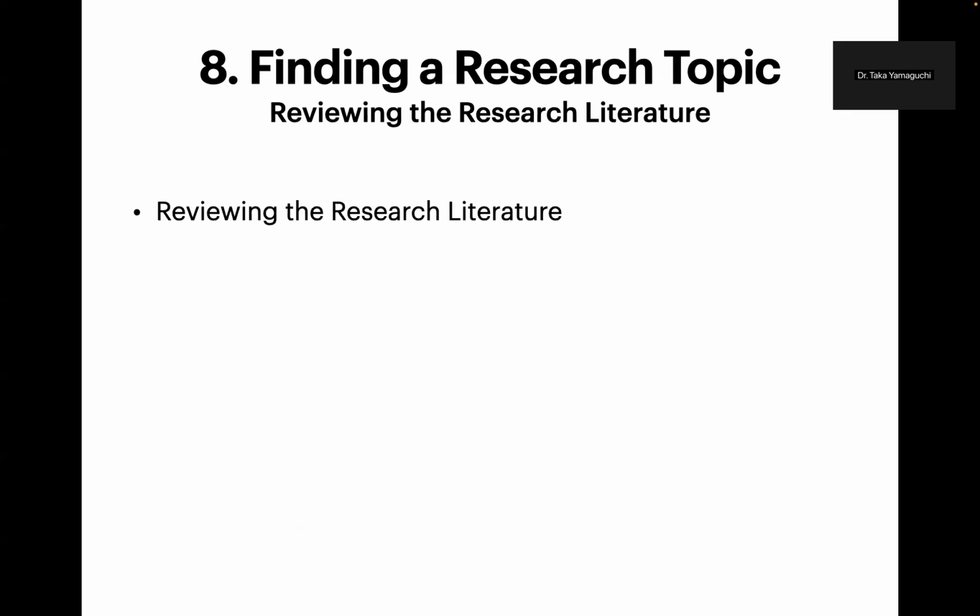Reviewing the research literature. As discussed in the previous slide, one common source of inspiration is previous research, but reviewing the literature is essential at the early stage of the research process. It involves finding, reading, and summarizing relevant published research, which helps identify new questions and supports your research process.